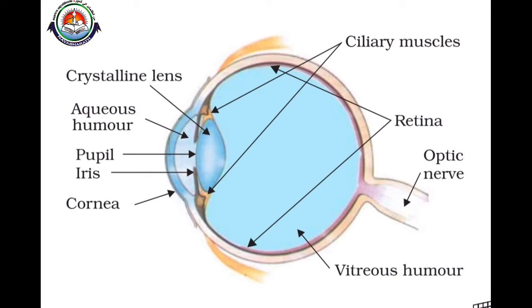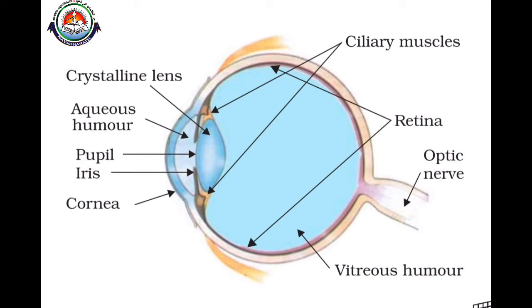The function of the pupil is that it regulates and controls the amount of light entering the eye.